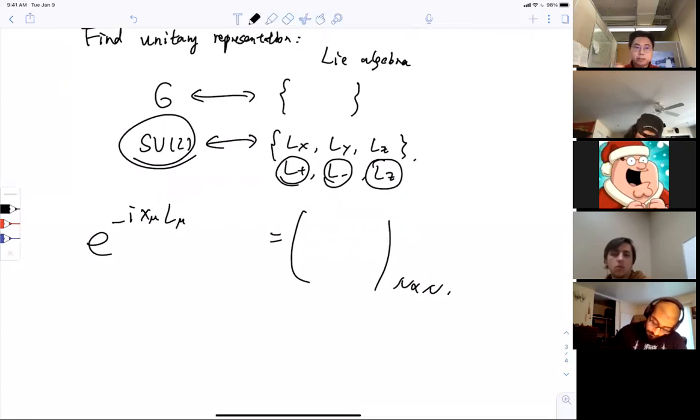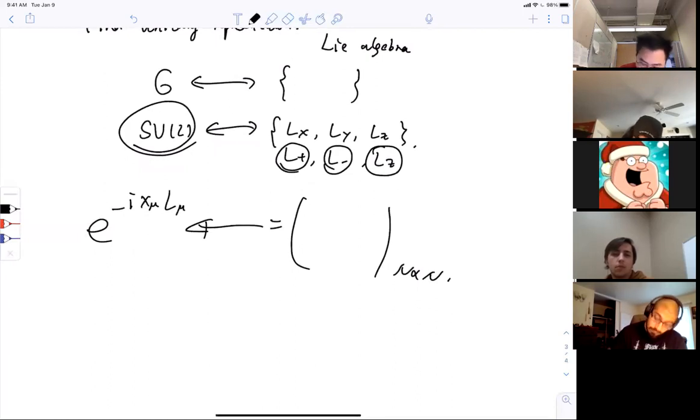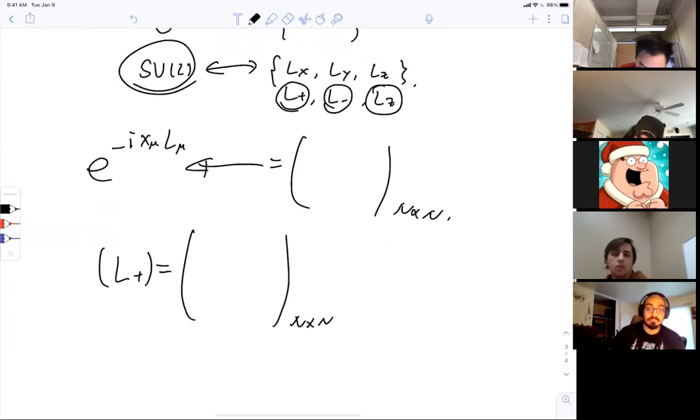So once you know the infinitesimal one, you can get the finite rotation by repeating this infinitesimal process, right? Physically it makes sense, and mathematically it also works. So the question is, what is this in matrix form, for L plus and L minus?